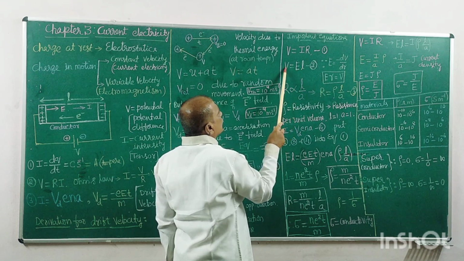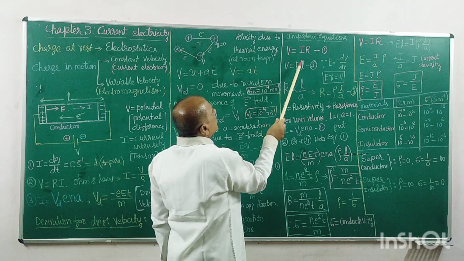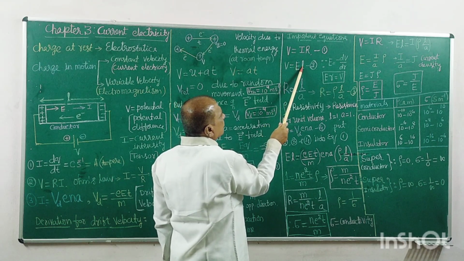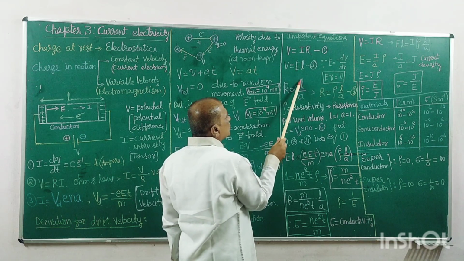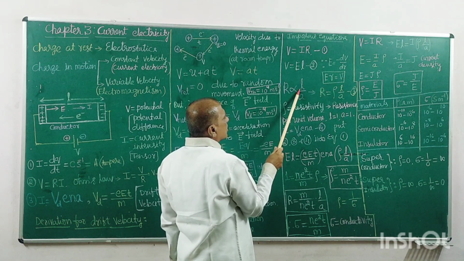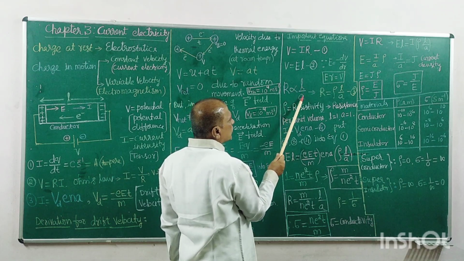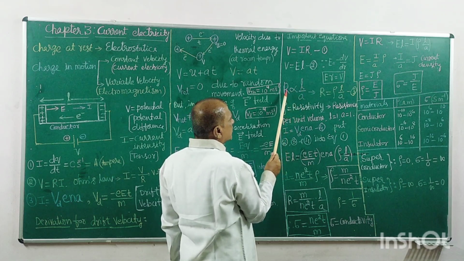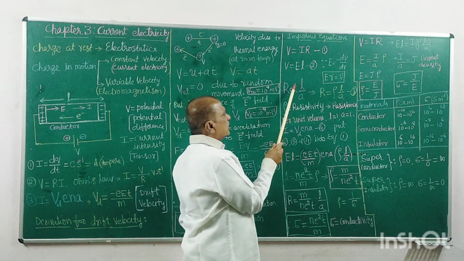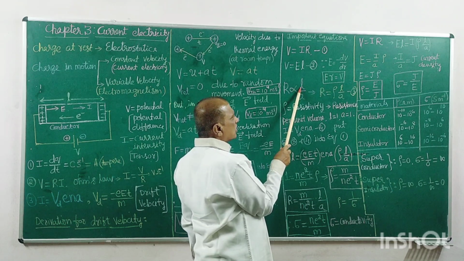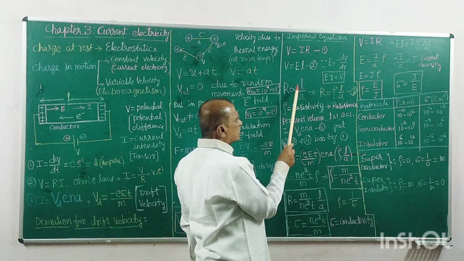So we can write V, the potential you applied, is the same as EL. And let us write R also in terms of L by A. Resistance of a conductor is directly proportional to the length of the conductor and inversely proportional to the area of cross section of the conductor.